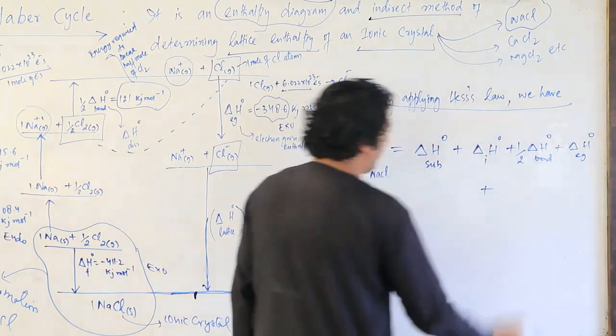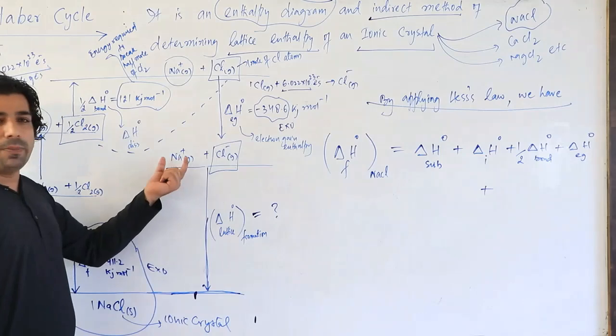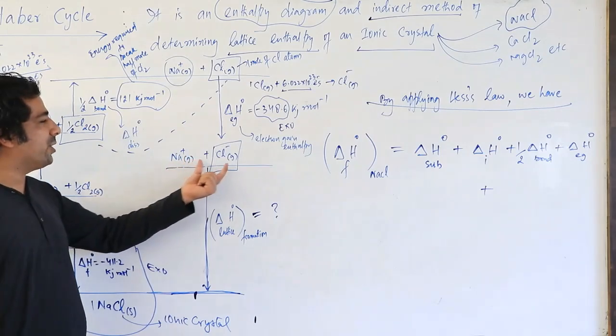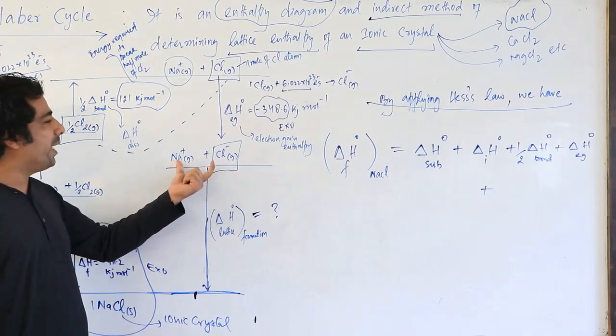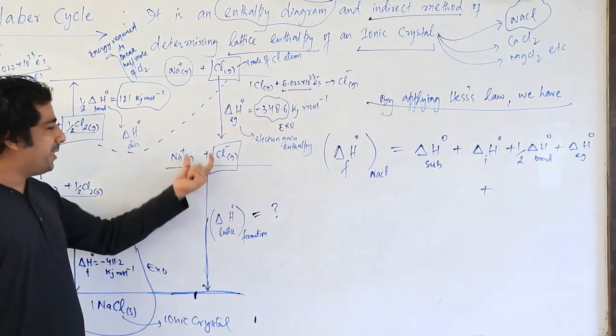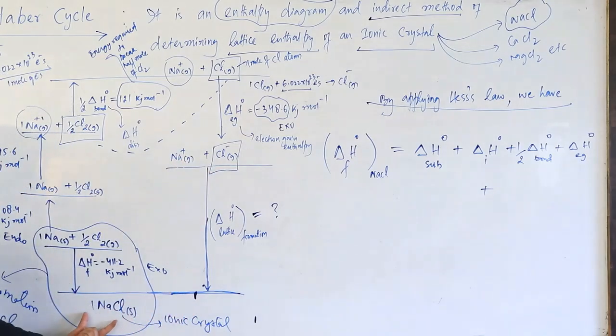And finally, my dear friends, you are making 1 mole of gaseous Na plus and gaseous Cl minus combine together, and they make 1 mole of NaCl solid.